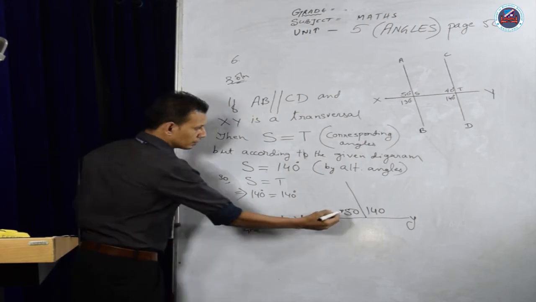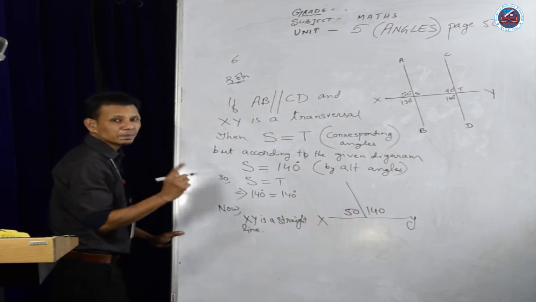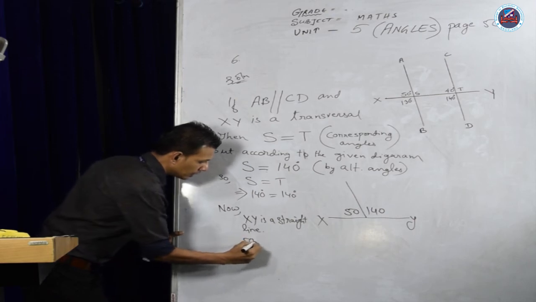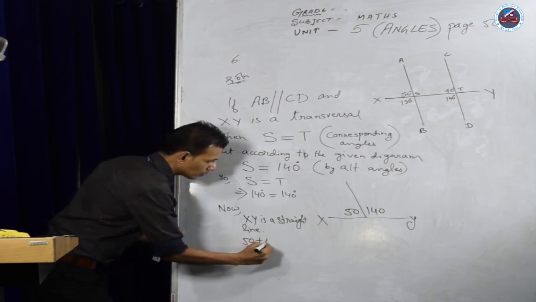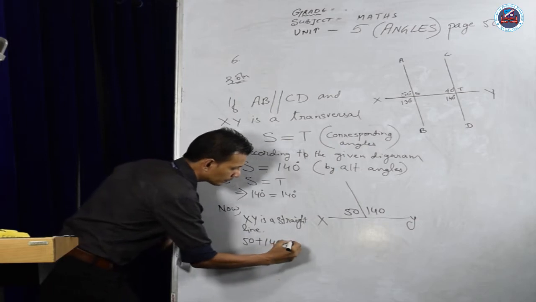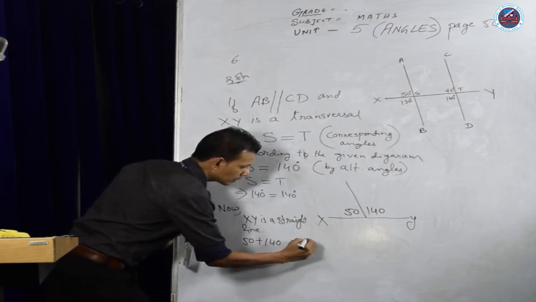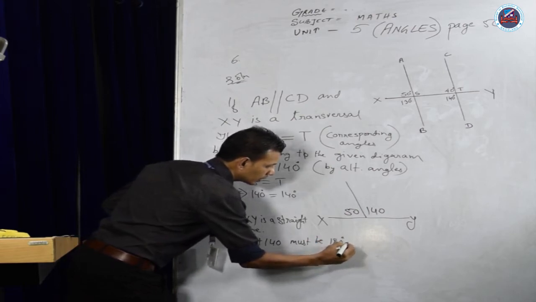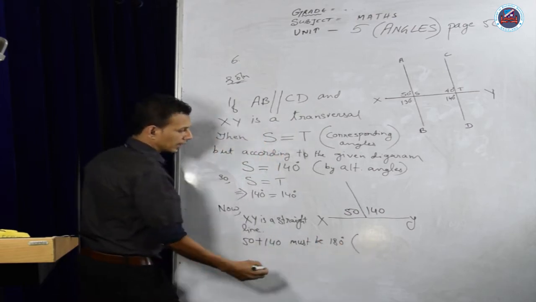Let's do it. 50 plus 140 must be 180 degrees. How?